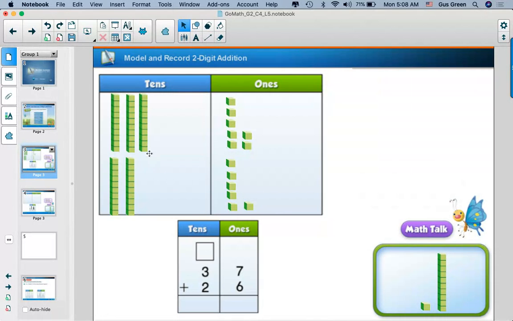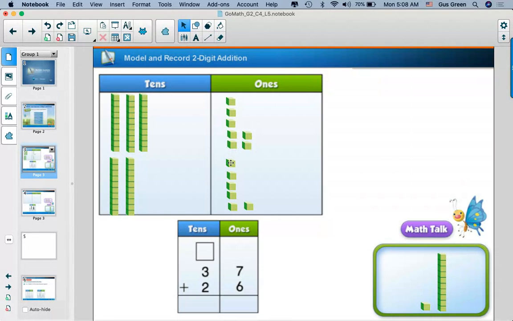So I'm going to add 37 with 26. We're going to combine these two. So the first part is 7 plus 6. And what I really want to do, and we did it in the last lesson, is move a few blocks to see if I can make a 10. Because of the way I've organized my ones, you can see right here that I've just got 3 spots.